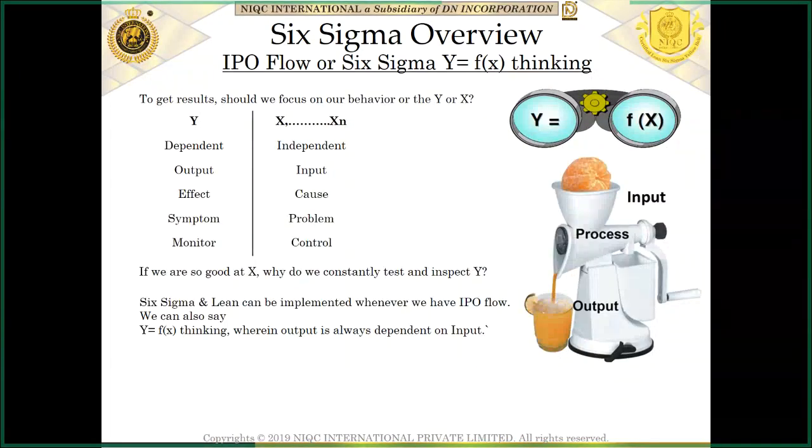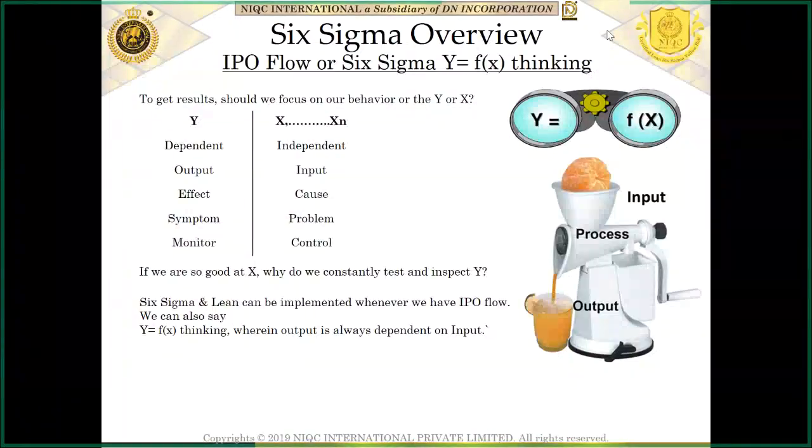which means even when you go to a bank and you need to take a loan, a home loan. When you want to take a home loan, you can apply the IPO flow. How? There is input in home loan processing, which can be documents and other information.